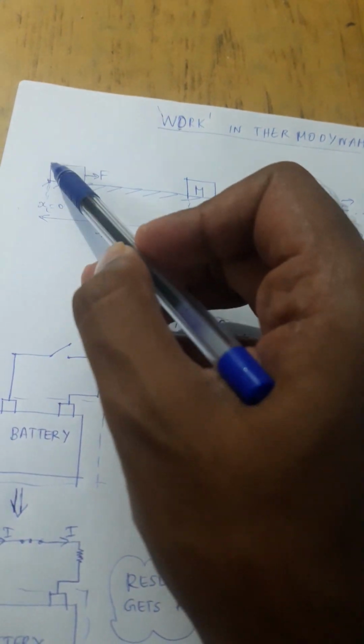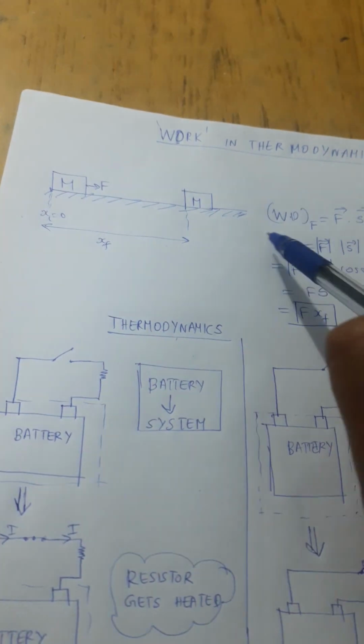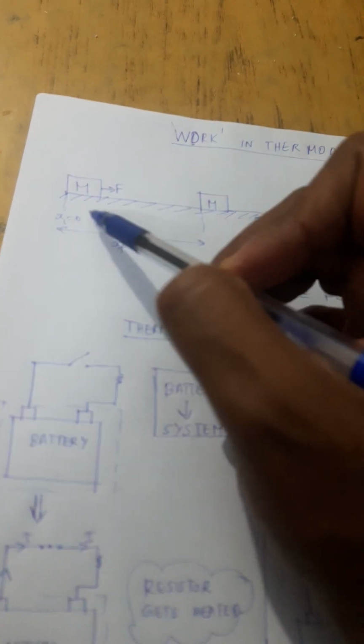Let us say that we have a block of mass m on this floor, and initially it is at rest, and its coordinate with respect to the origin is 0.